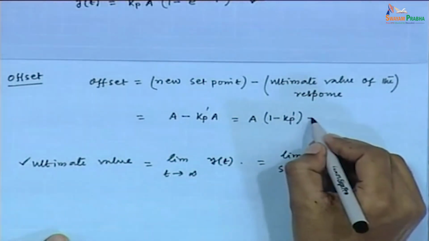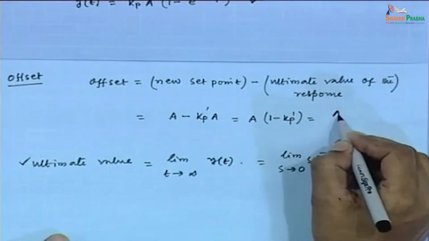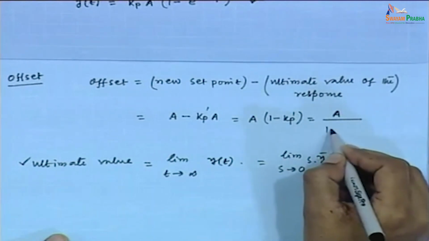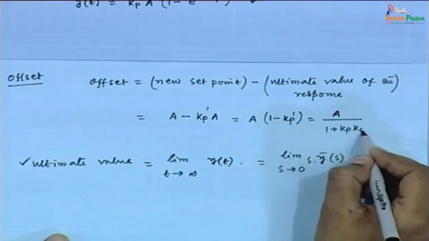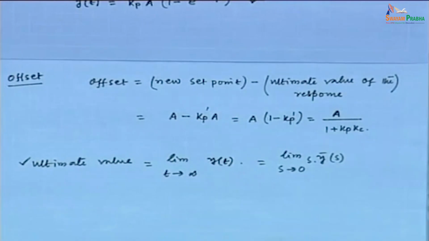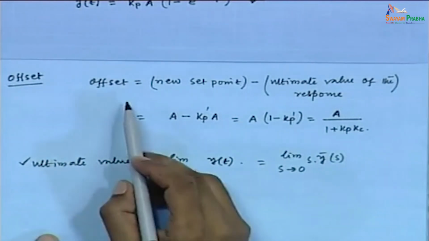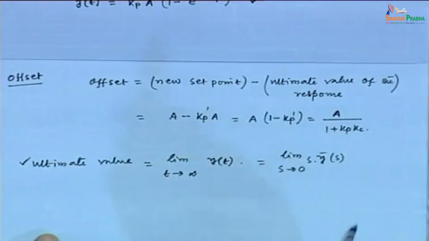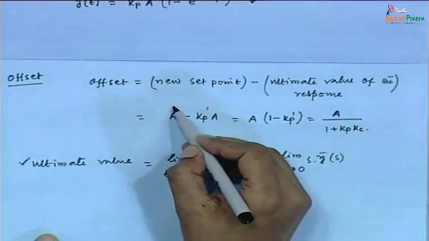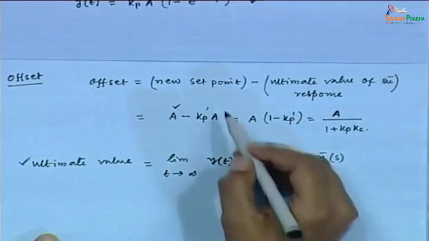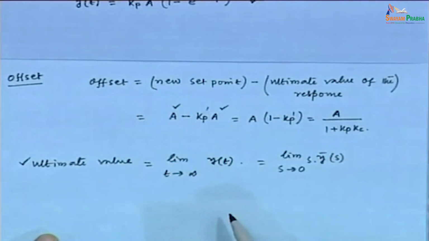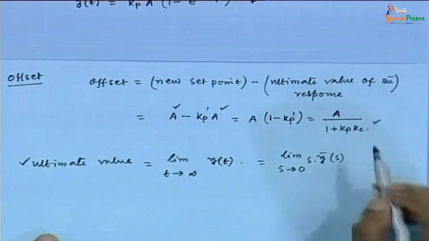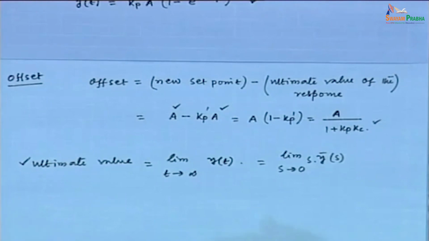Substituting the expression of k p prime, finally we get the offset equals A divided by 1 plus k p k c.